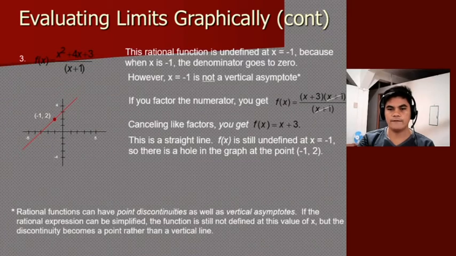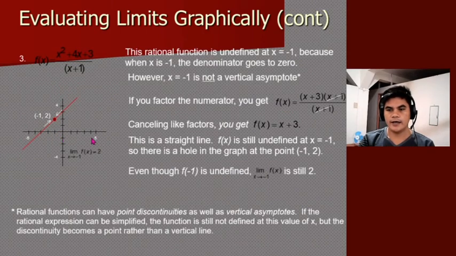Now, look at the graph. The graph is a straight line, and this graph passes through (negative 1, 2). So we can say that a limit exists for f of x as x is approaching negative 1. And the limit is 2 as x approaches negative 1, either from the left or from the right.